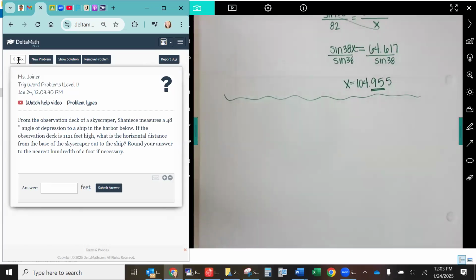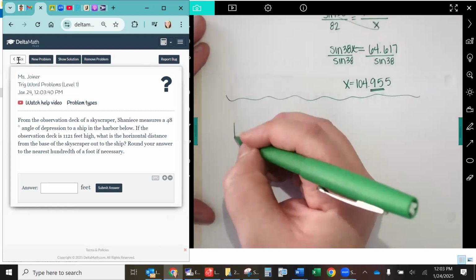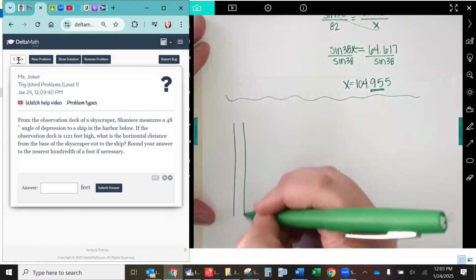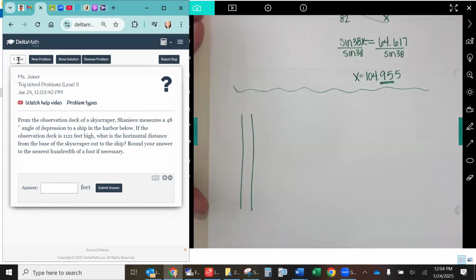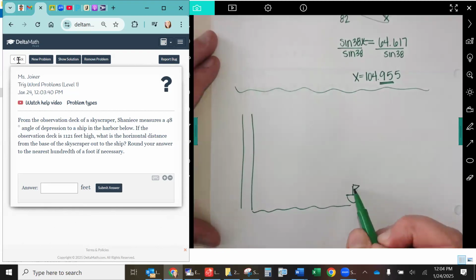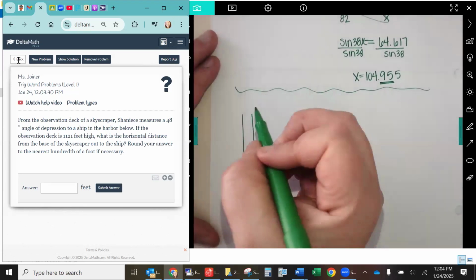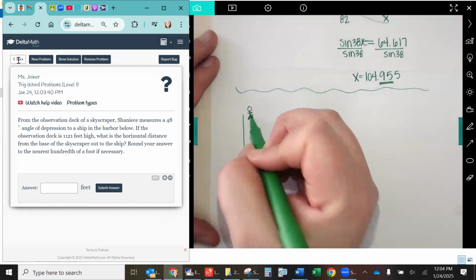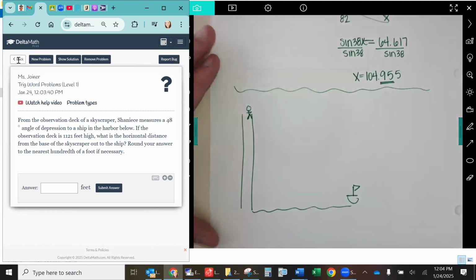Okay, so it says from the observation deck of a skyscraper. So here's Shanice in her little skyscraper. It says she measures a 48-degree angle of depression to the ship in the harbor below. So here's the harbor. There's the ship. Shanice is up here, but where's the ship? Way down there.